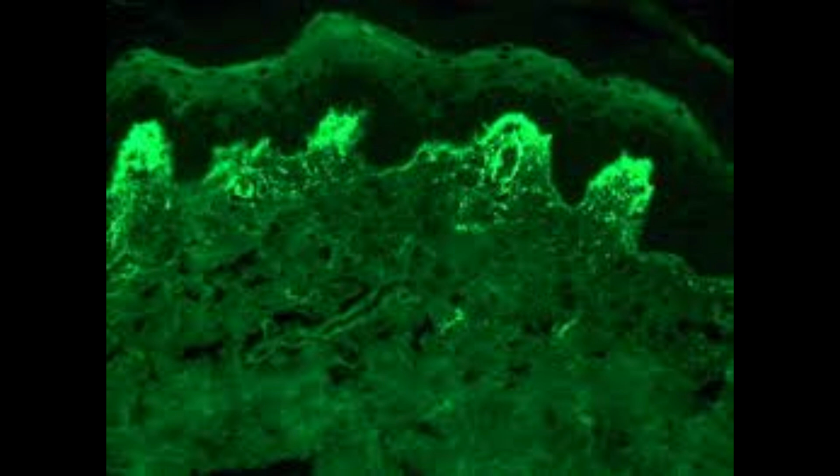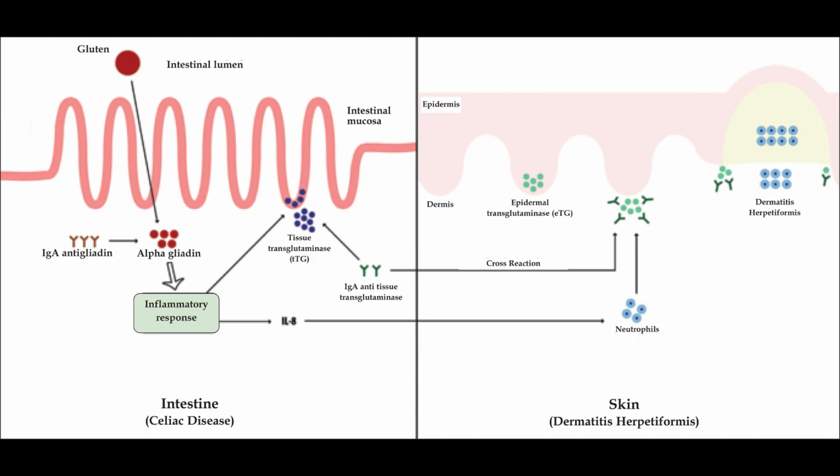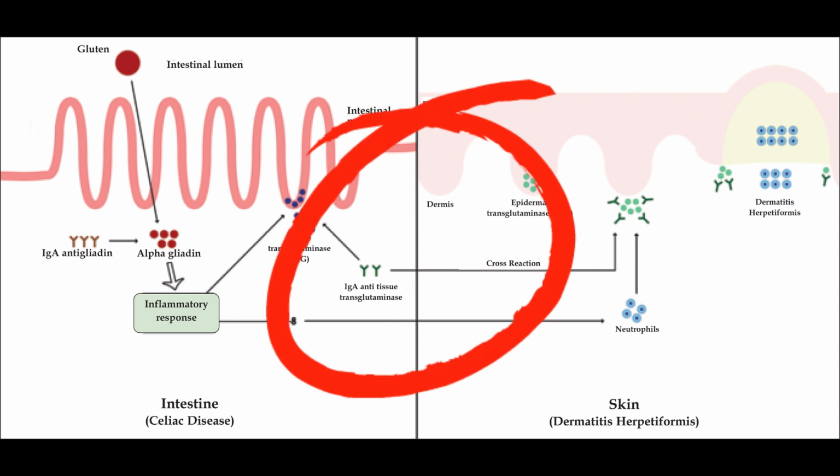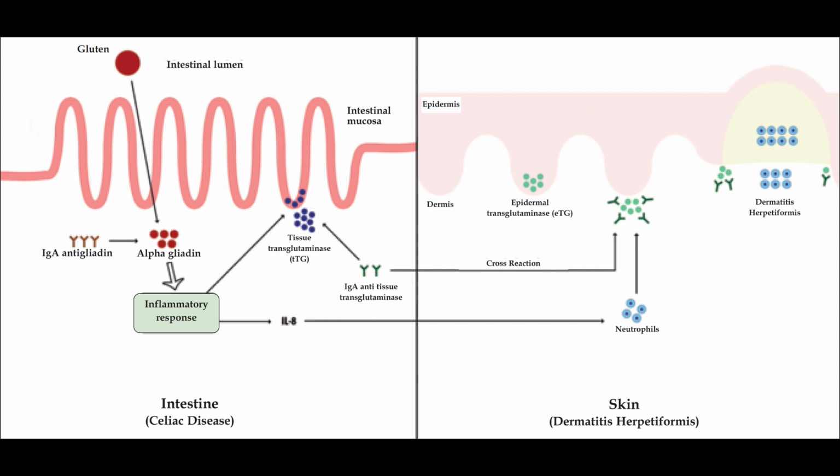Dermatitis herpetiformis is an acquired autoimmune disease. The autoimmune disease is because of autoantibodies being formed against transglutaminase. This transglutaminase, especially the epidermal type, is located around the dermal papillae.